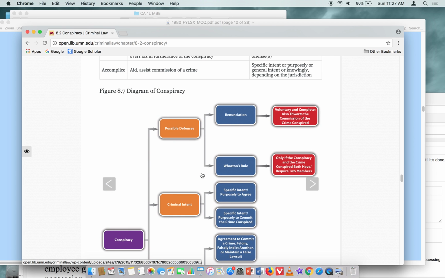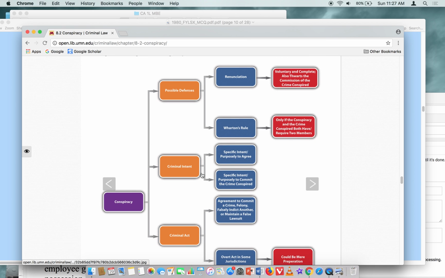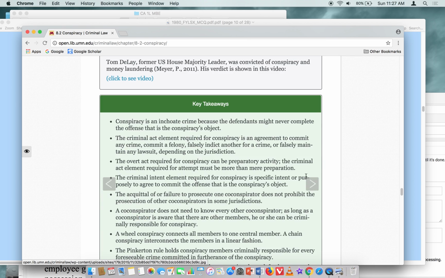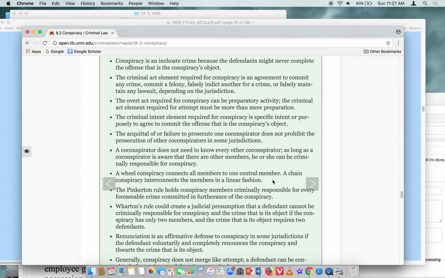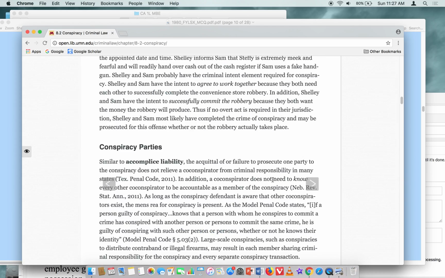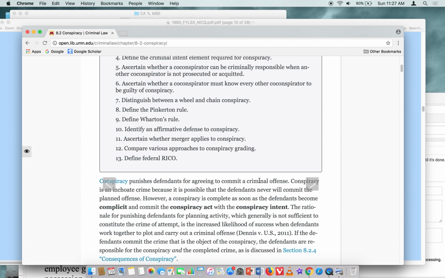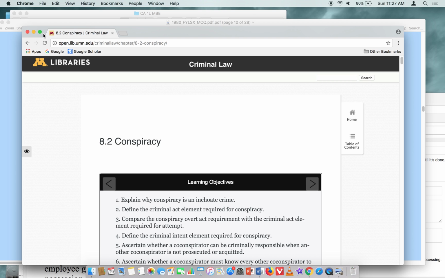It has nice diagrams and takeaways and details as to why Al is committing murder of Vic, even though he didn't even touch him. He just arranged with Bob to kill him.